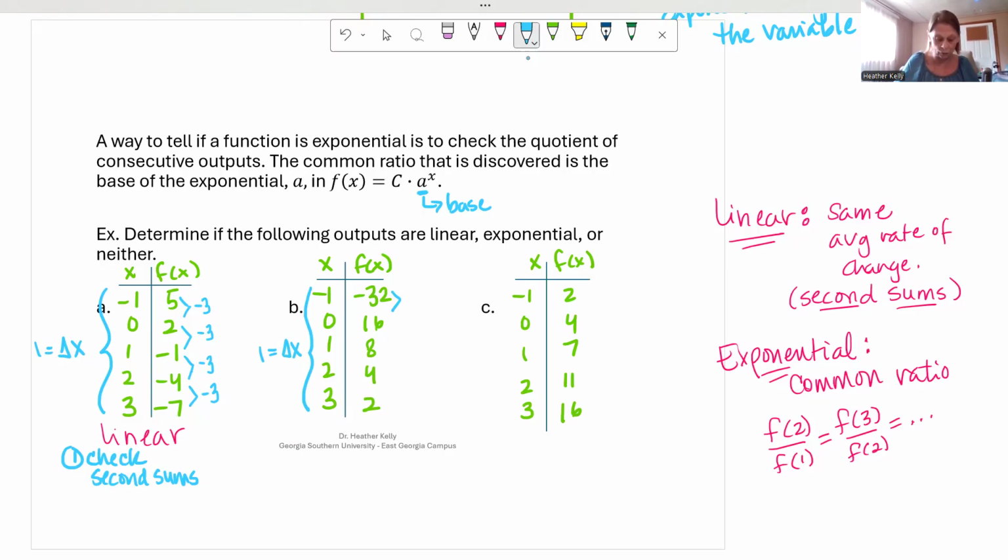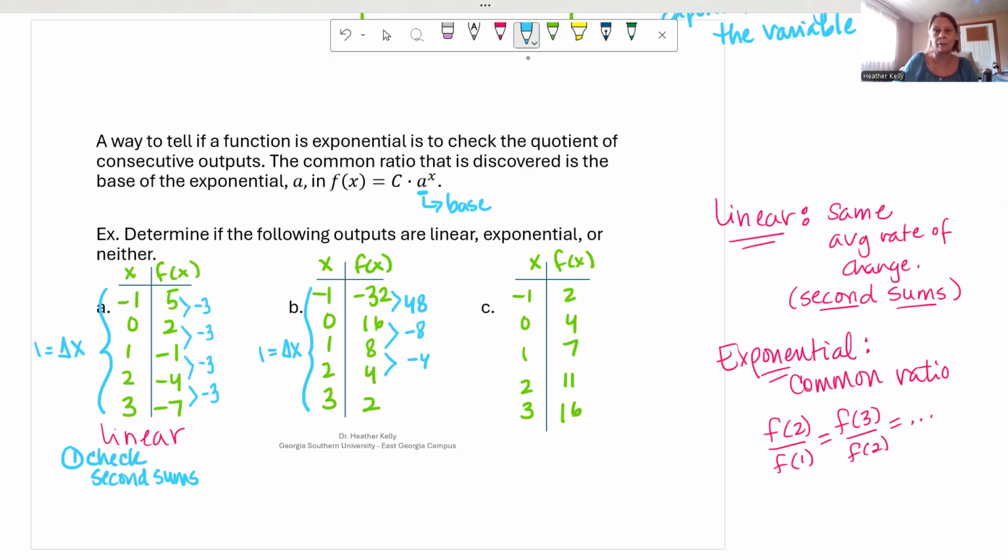Shoot, I'm going to have to even do the calculator work here. 16 minus -32. We had to add 48 to get to that one. 16 to 8, we had to subtract 8. 8 to 4, we had to subtract 4.